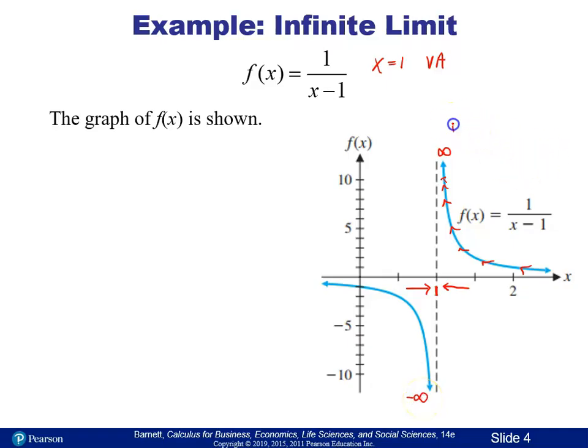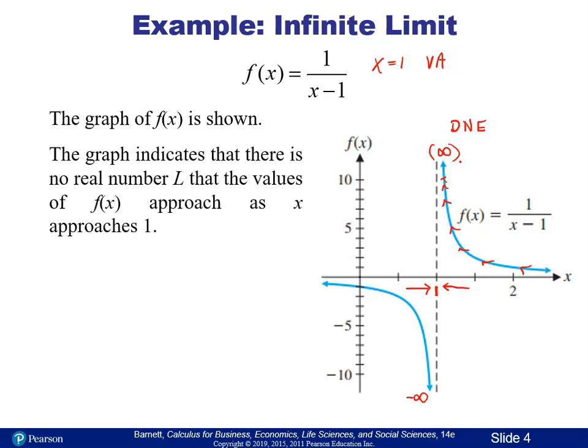In either case, we would say that the limit does not exist, but I would like for you to tell me that when it does not exist, it's actually going to infinity, because that gives us some information that's important to know as well.